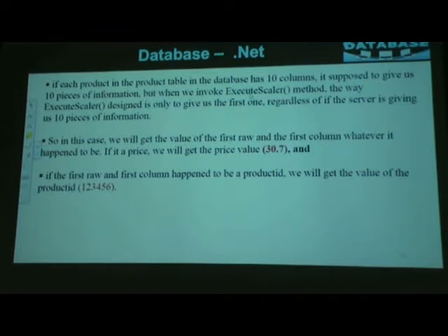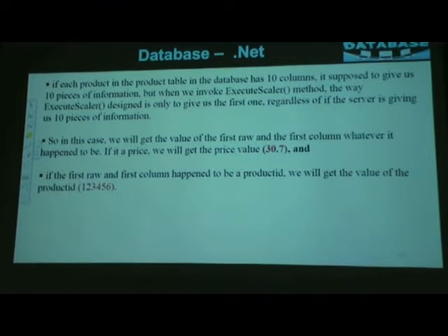But when we invoke ExecuteScalar, we write cmd.ExecuteScalar. This is the method that will bring one entry. ExecuteScalar is designed to give us only the first one, regardless of whether the server is giving us 10 pieces of information or one piece.